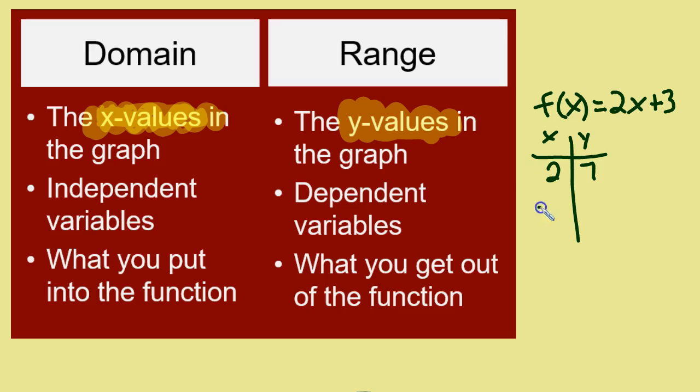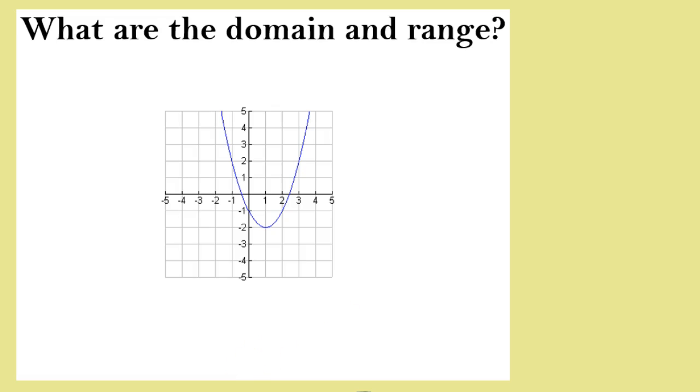I could plug in a negative 10. 2 times negative 10 is negative 20, plus 3 is negative 17. In fact, I can plug in any number that I want to: 2.6, pi, anything, and I would always get an outcome for this function. All of those possible x values are called the domain, and all of the possible y values are called the range. And we're going to specifically look at the domain and range of a quadratic function.